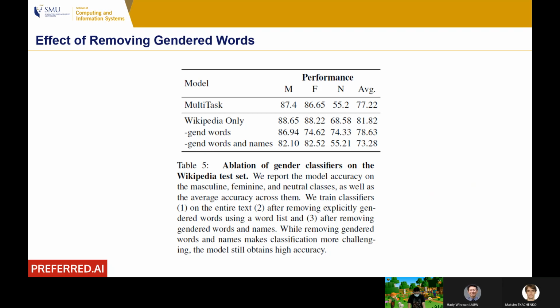And then they removed gendered words and names from their data set, and it's a lower performance, but it still performs pretty well. So I guess that kind of shows that even non-explicitly gendered words can carry some gender information.